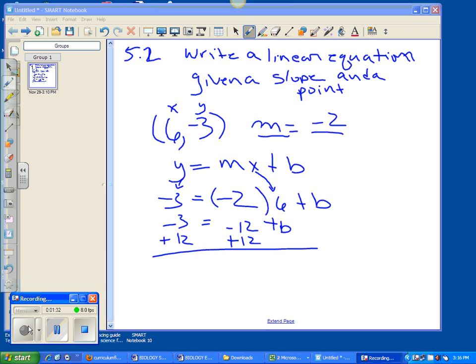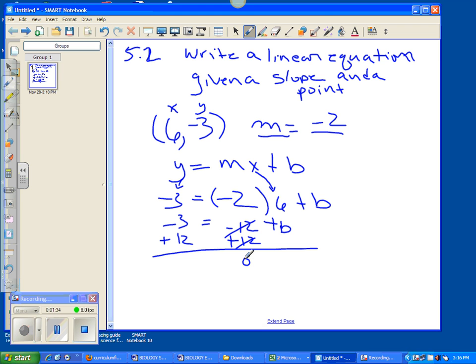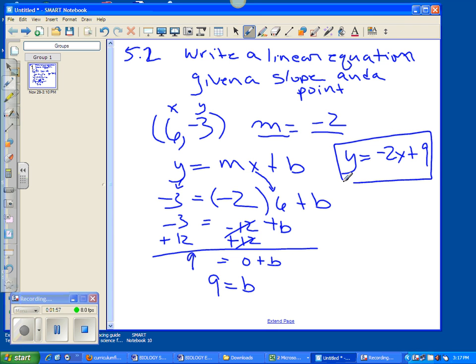And this cancels out, becomes 0, plus b is equal to -3 and 12 combined gives me a positive 9. So 9 is equal to b. Then you must rewrite the equation in the slope-intercept form, which goes like this: y = -2x + 9. And that is the solution to that.